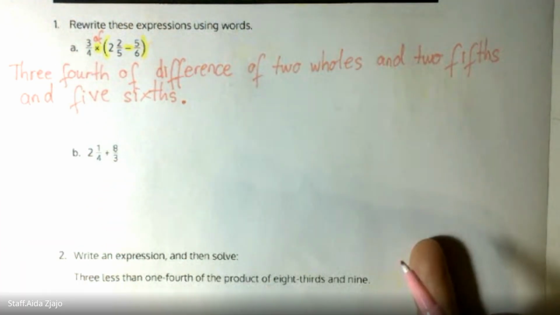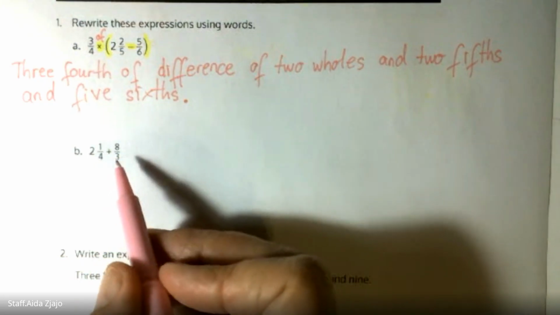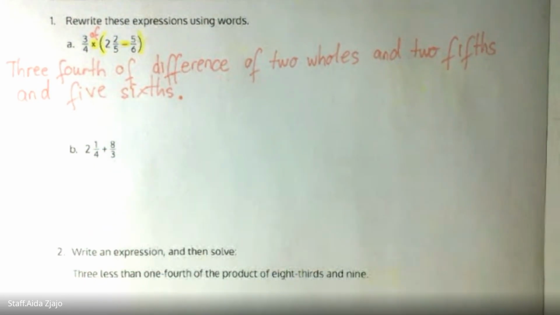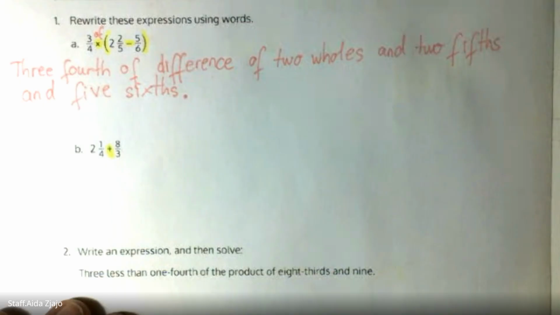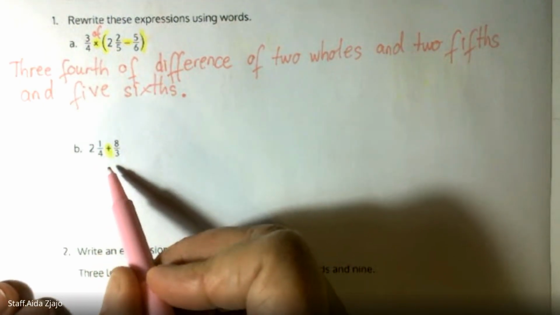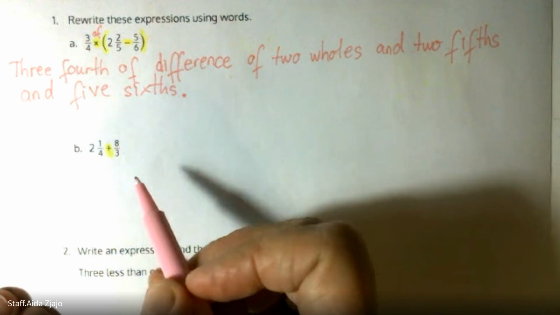How can we say this one? We can say sum because there is a sum, or we can say 2 1/4 increased by 8/3.